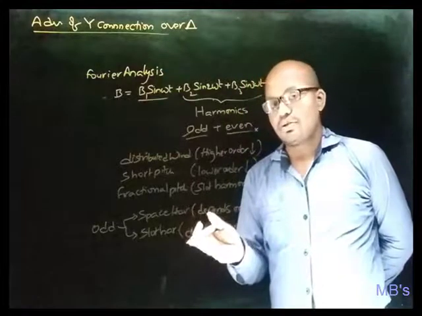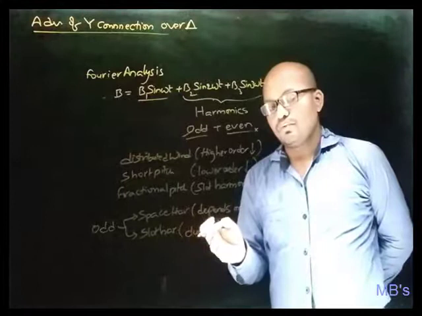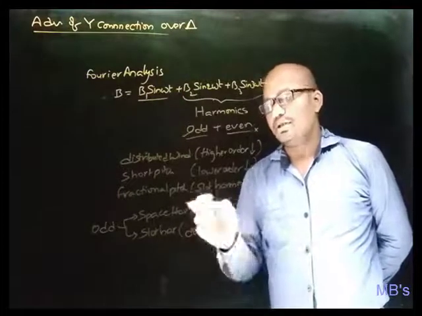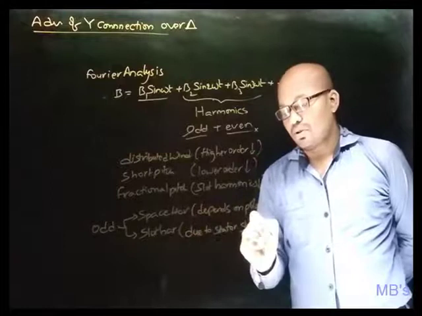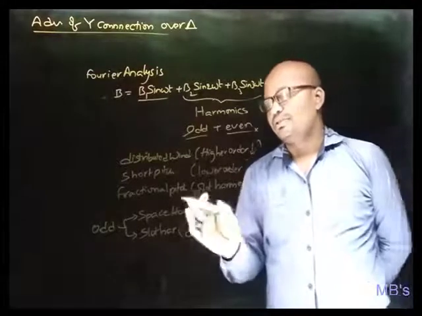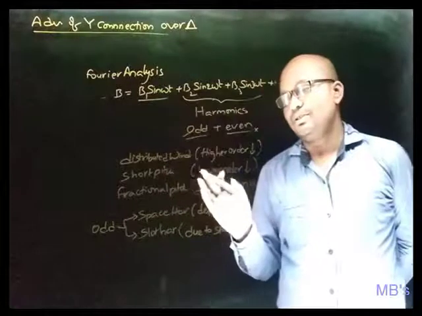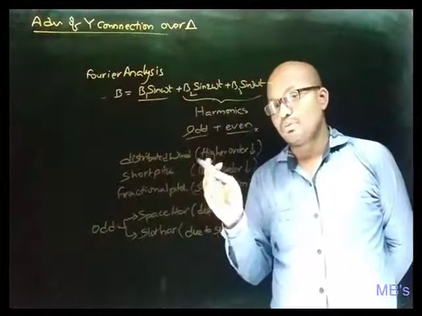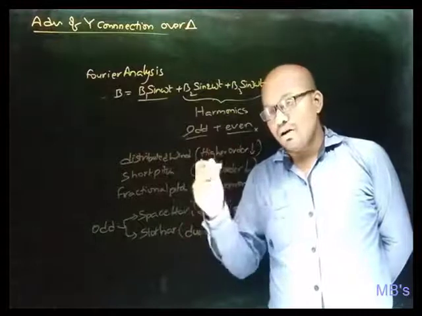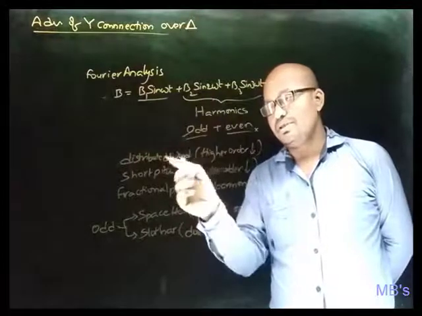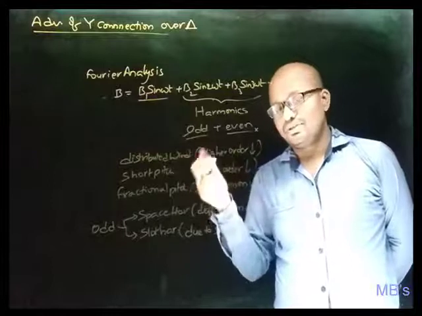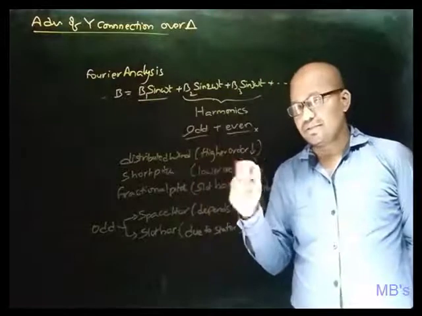To reduce these slot harmonics, what did we do? We went for fractional pitch winding as well as we skewed the stator slots. But remember that slot harmonics are also part of space harmonics. Means here the space harmonics consist of all the lower order and higher order harmonics, and all are odd harmonics. So how can these harmonics be eliminated? By using distributed winding, higher order harmonics like 23, 27, 31, etc. are eliminated.